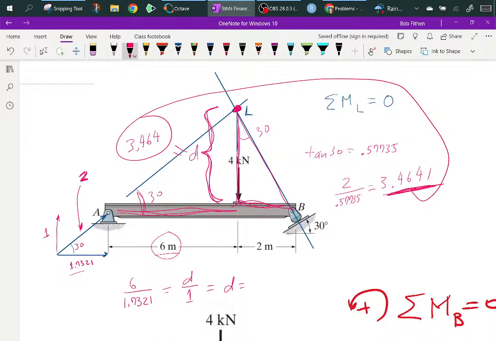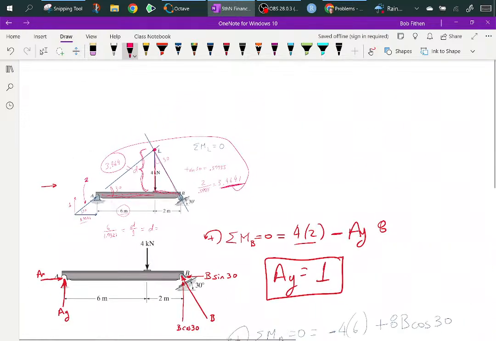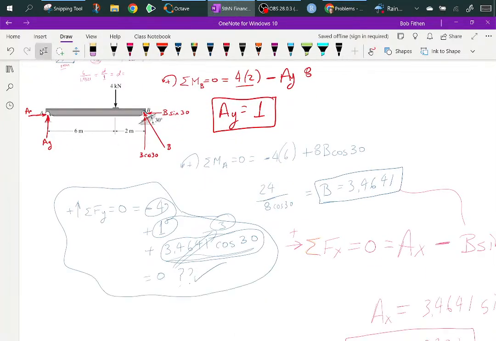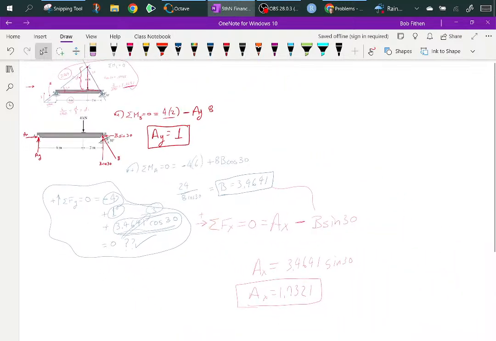So it does in fact cross right there. If you really wanted to find that geometry, you could solve it using geometry. Some people do that. I find it easier for me on a problem like this to just go through the moments.